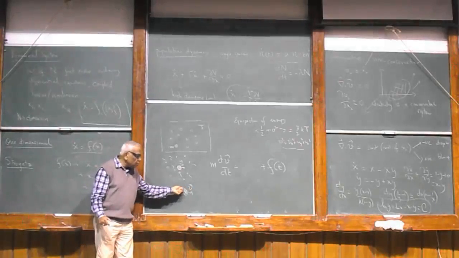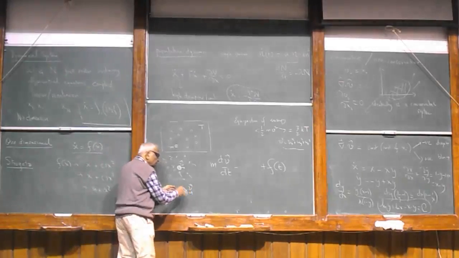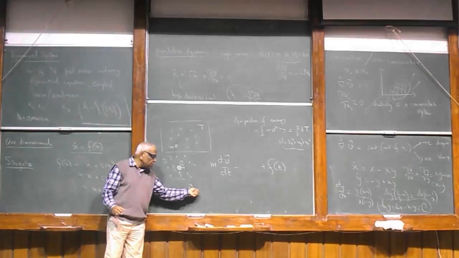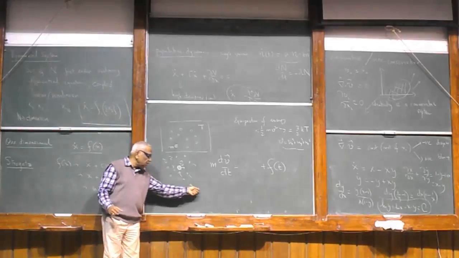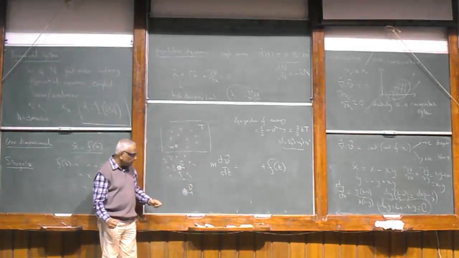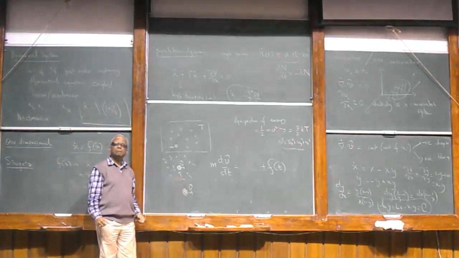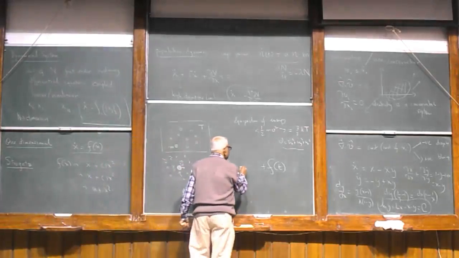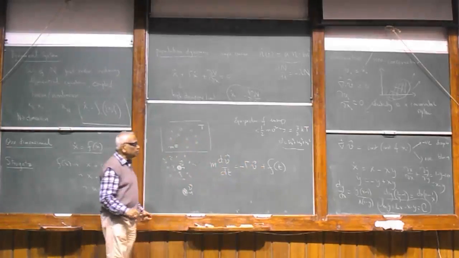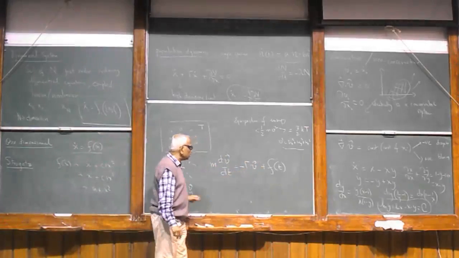So if I look at the momentum transfer per unit time because of hits from the front and hits from the back, I would find a larger number of collisions from the oncoming molecules than from those coming from behind, and therefore there will be a tendency to retard this chap. That retardation would be some gamma which you could calculate in terms of the coefficient of restitution and things like that, and you would get m dv/dt is minus gamma v.